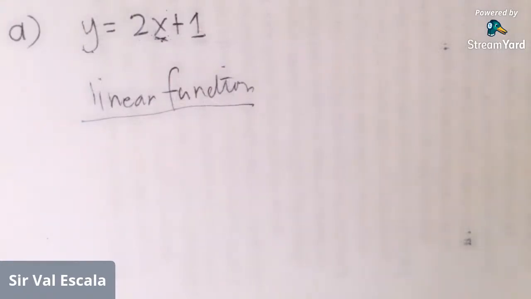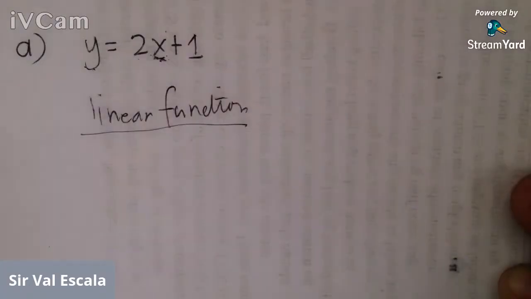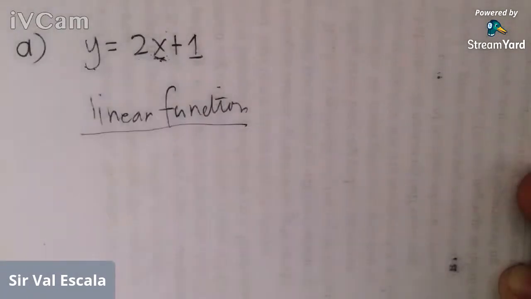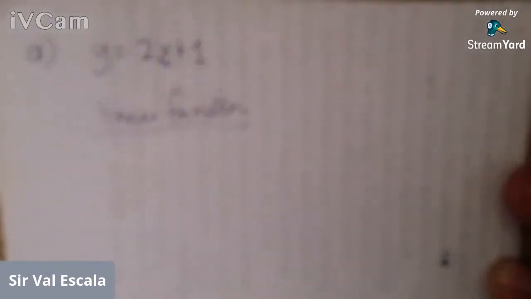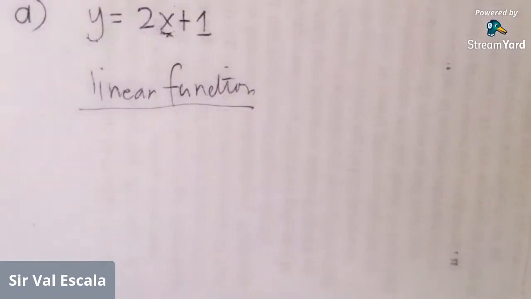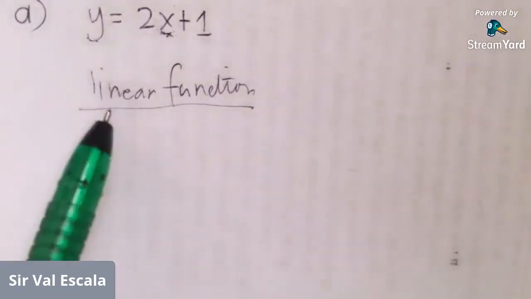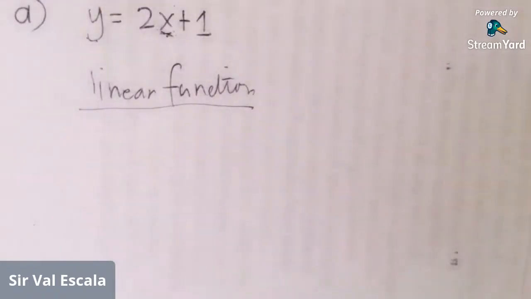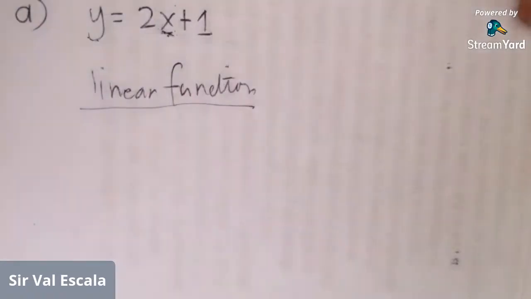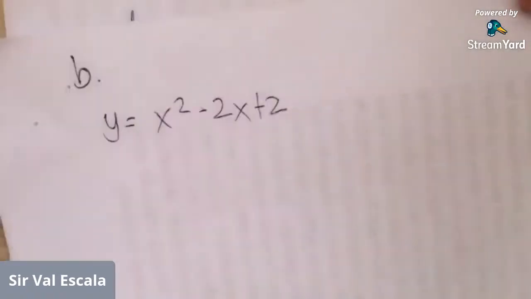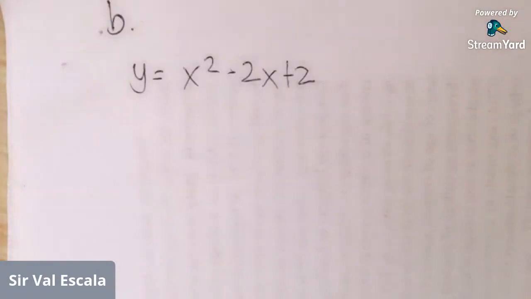A is a function. So, function C, letter A. Next. So, sa tingin nyo, it is a function or relation? Natin sa given example natin na it is a linear function, quadratic function, cubic function, or anything na polynomial function, it is a function. So, letter B na tayo. Y equals x squared minus 2x plus 2.